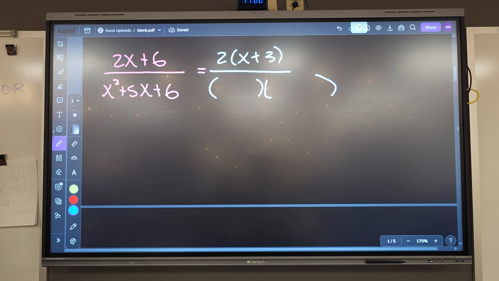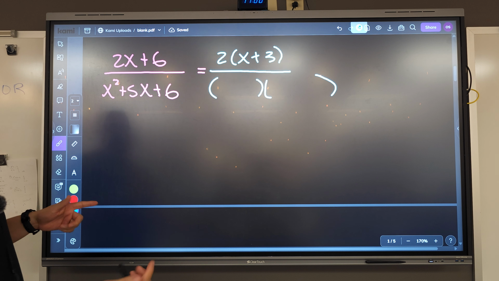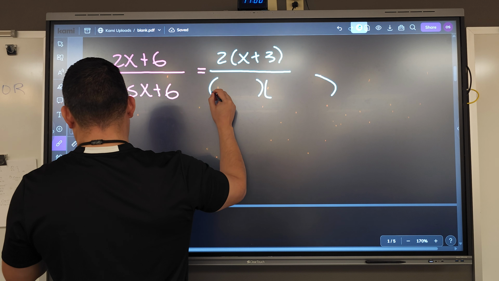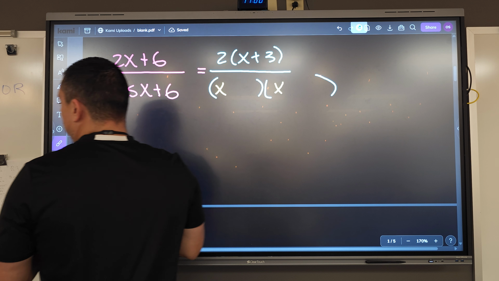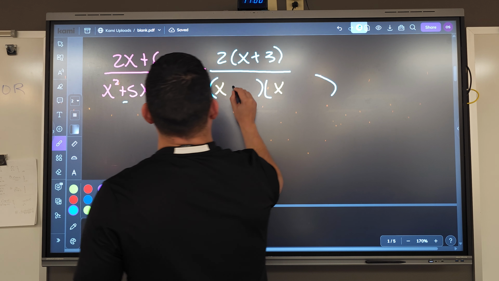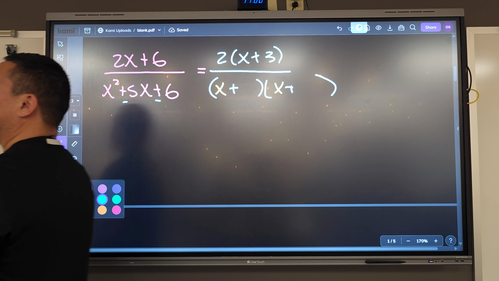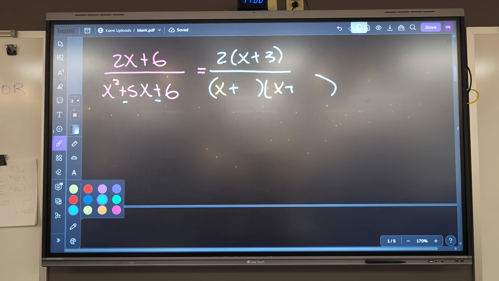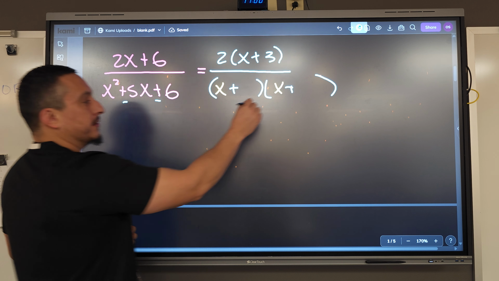I'm trying to figure out what number times what number multiplies to 6, but adds to 5. Since they're both positive, those don't work. 3 and 2. Okay, yeah, 3 and 2.